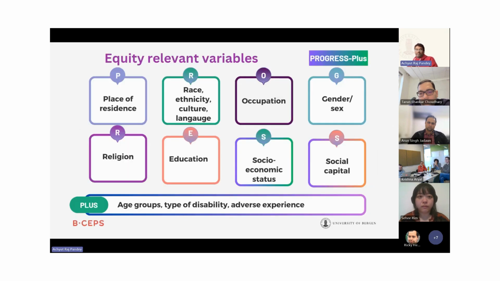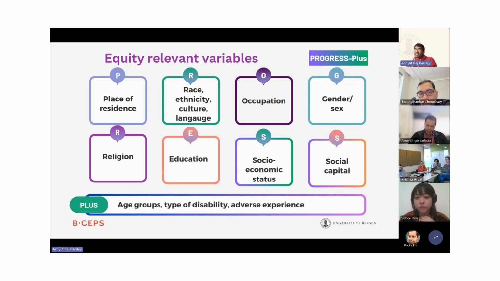So in the previous slide, we discussed institutional delivery in urban, peri-urban, and rural settings, which was based on place of residence. There are several other variables that may be important while analyzing equity, or we call them equity-relevant variables. Apart from place of residence, we have a mnemonic, PROGRESS-Plus.